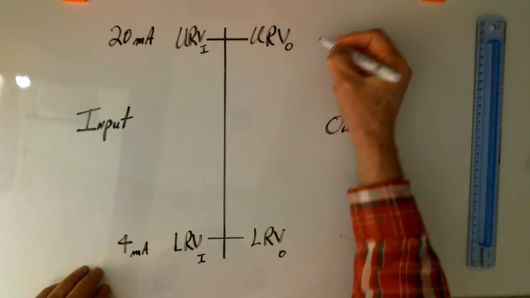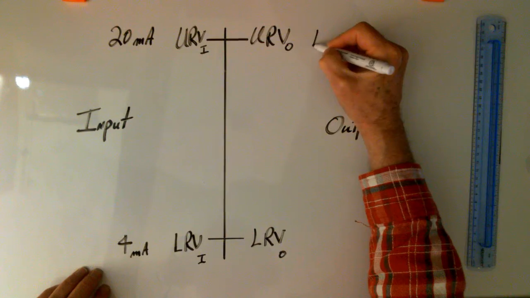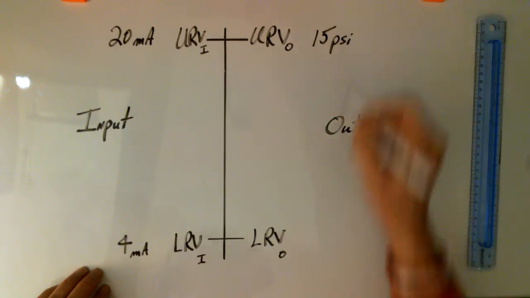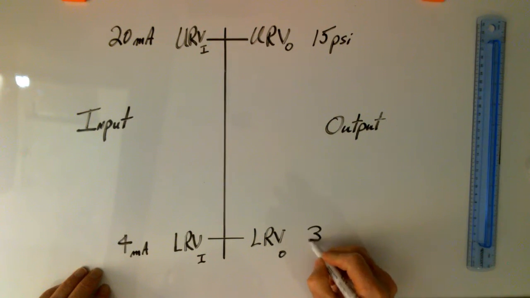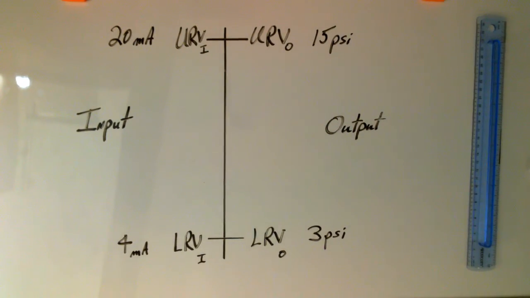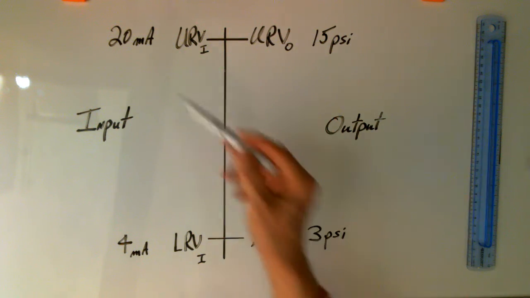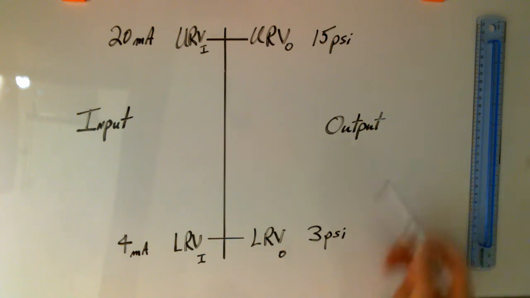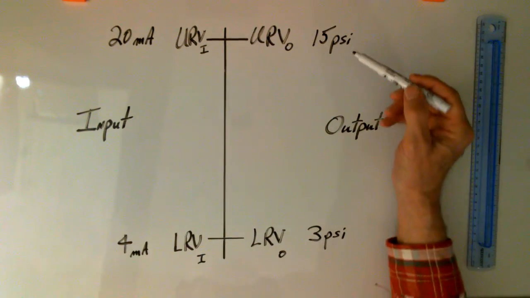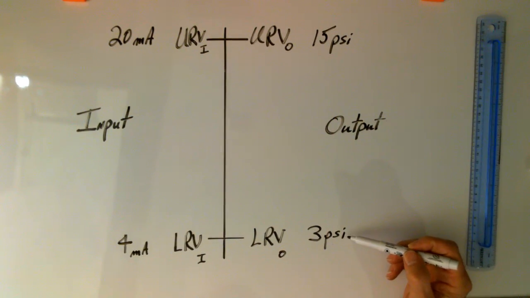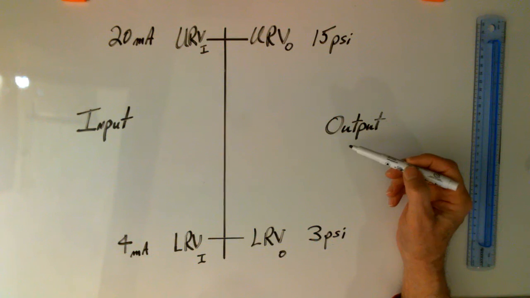Output side, upper range value is 15 psi. Lower range value is 3 psi. Okay, so for the input, the span is 20 minus 4, so the span is 16 milliamps. On the output side, upper range value is 15 psi, the lower range value is 3 psi, so that has a span of 12 psi.